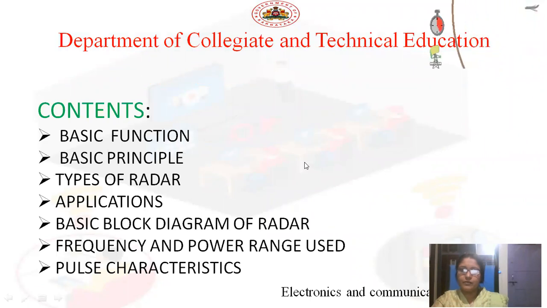The topics which we are going to cover: basic function of the radar, basic principle, types of radar, applications, basic block diagram of radar, frequency and power range used, and the pulse characteristics.